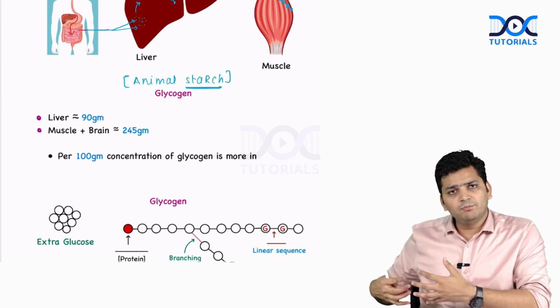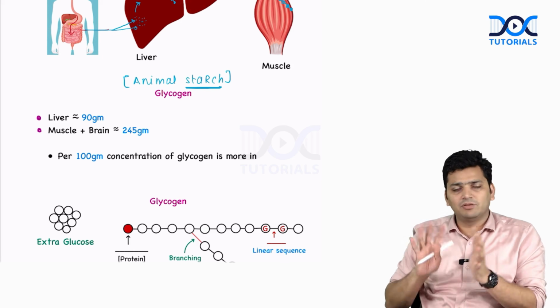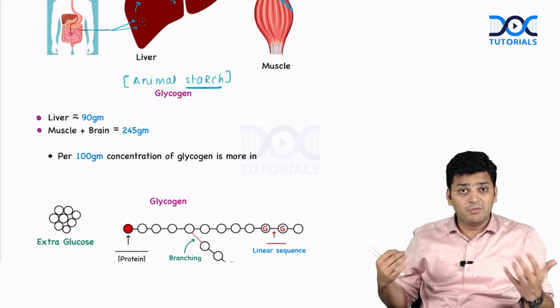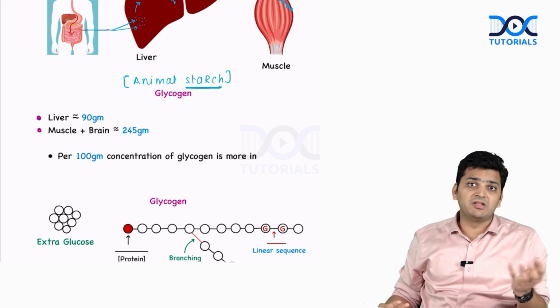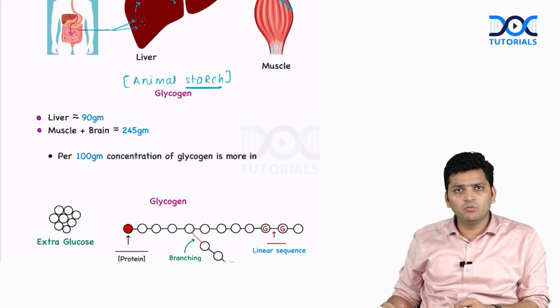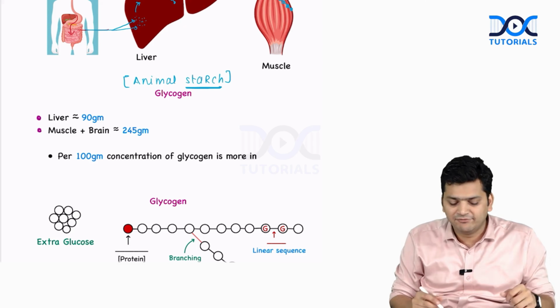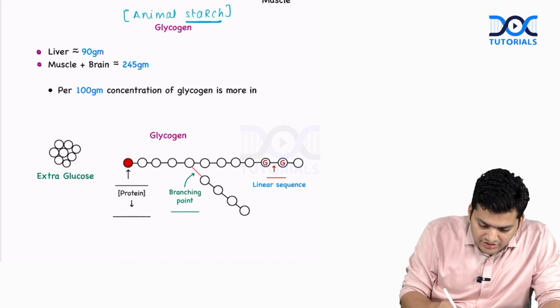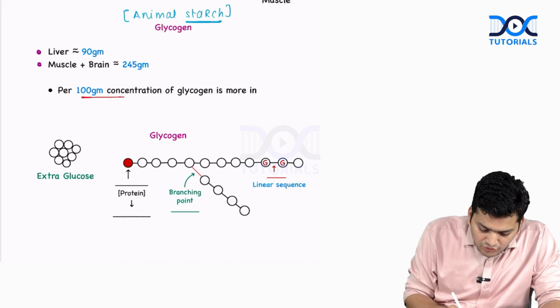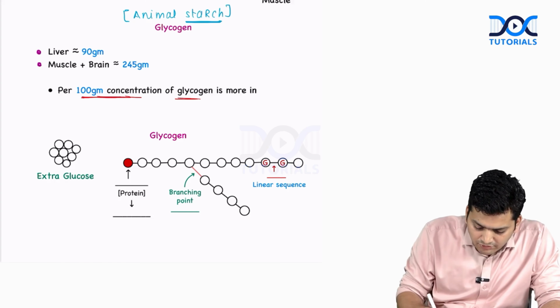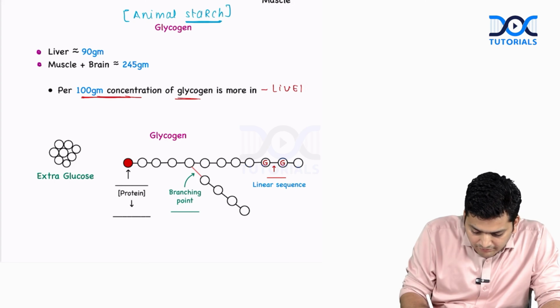So in 1 to 1.5 kilogram, the 90 gram of glycogen is distributed. Whereas the muscle mass is somewhere around 20 to 30 kgs, and in that we have 250 gram of glycogen. So the concentration of glycogen is more in the liver. If you take per 100 gram of tissue and see the concentration of glycogen, obviously it is more in the liver.